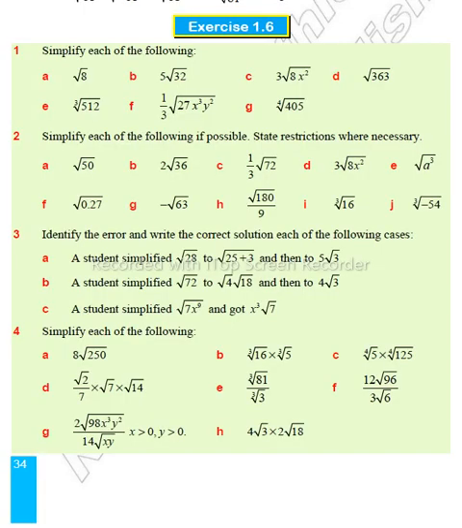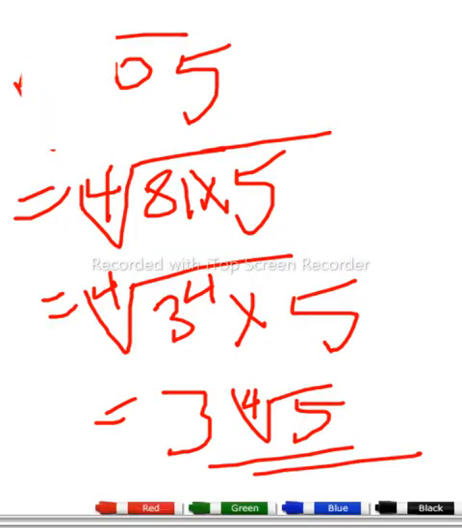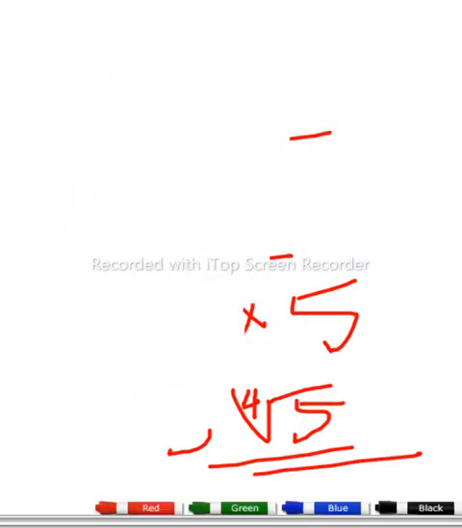And we will do question number 2. Question number 2 is also simplification. Let us simplify, from question number 2, only selected questions. Let us start from A, which says the square root of 50.